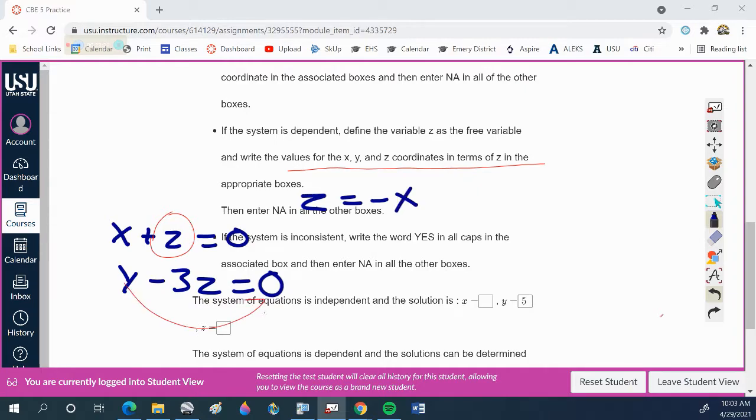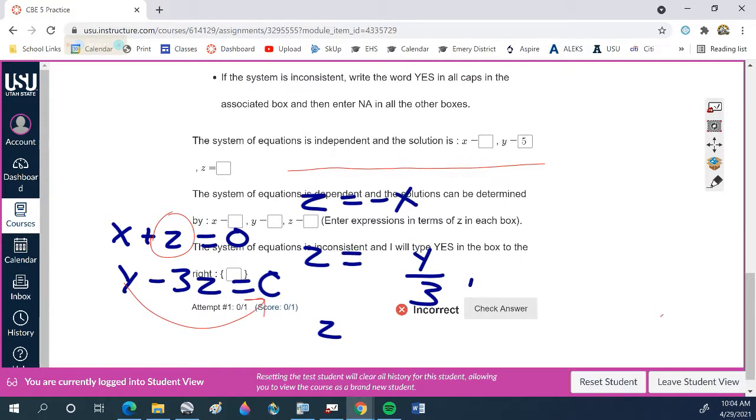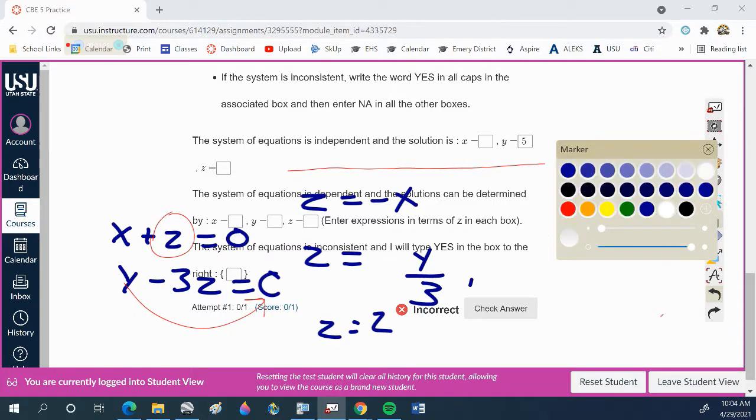And we subtract y, and I get negative 3z equals negative y. Divide by negative 3, so z equals y over 3. And z is just z. Plug that in. Tell me what you get.